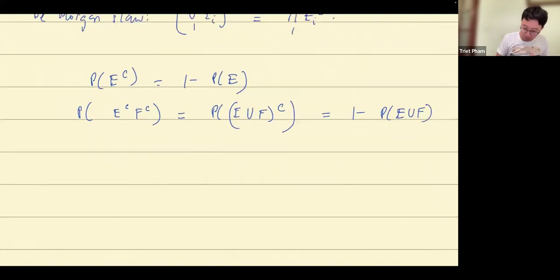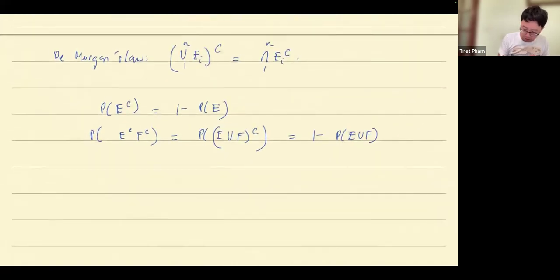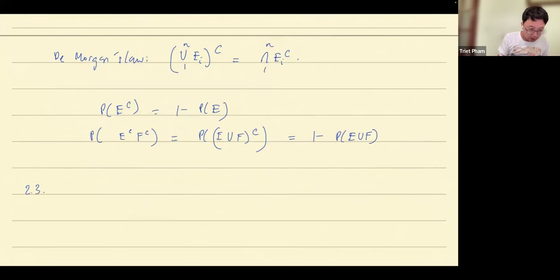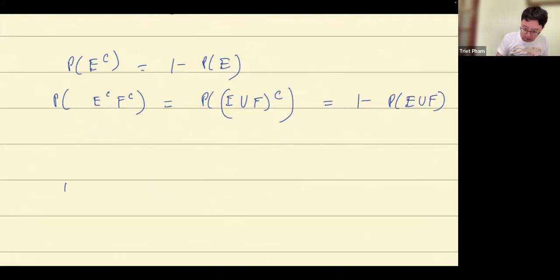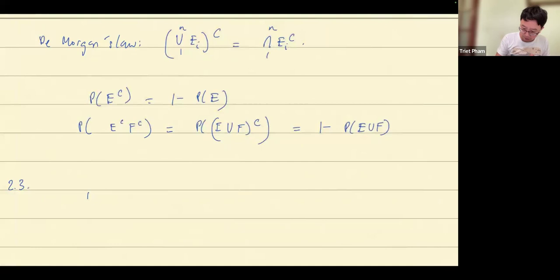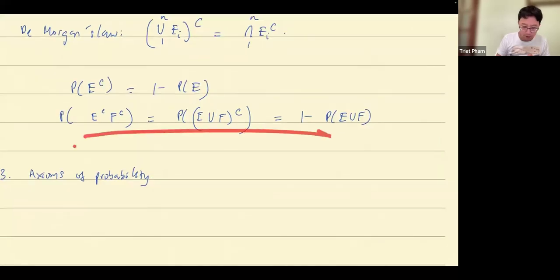So, moving on to 2.3, which is called the axioms of probability. We just talked about how events should behave.